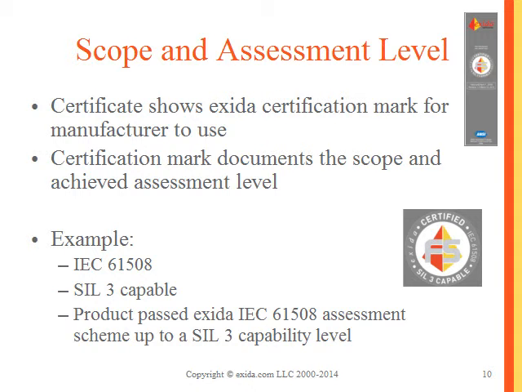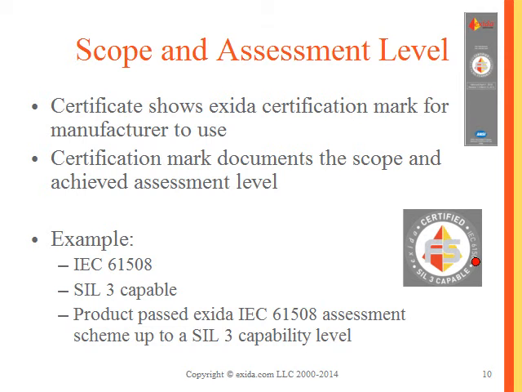And the certification mark documents two things. It documents the scope as well as the achievement level. And in this example here, we see that this certification mark is per IEC 61508, and that's kind of the focus of this webinar today. And that the level is SIL3 capable, and we will talk about what SIL3 capable means in just a bit.